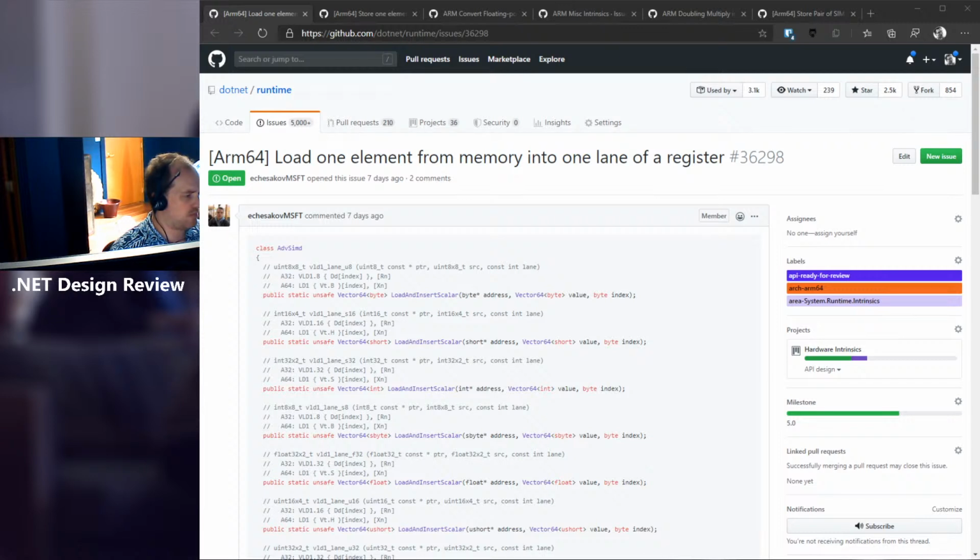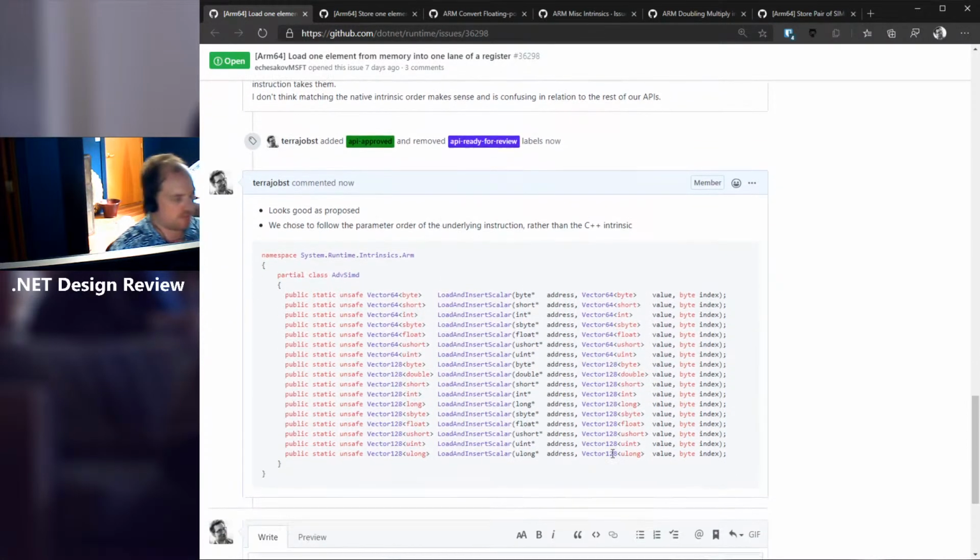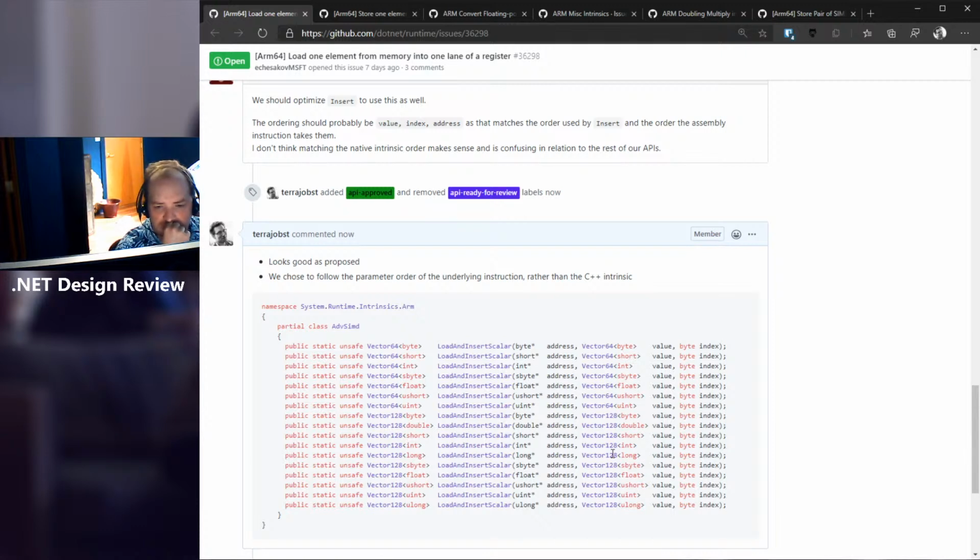Right, but I had called out at the bottom, I want value and address instead, to match the ordering of the insert intrinsics that take it by value, and to match the ordering that the instruction takes, as the instruction takes value and address. That makes sense to me. The notation is a bit off.